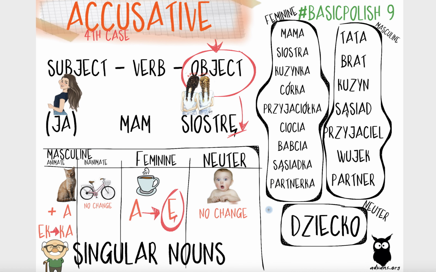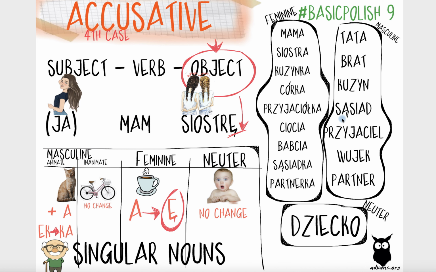When it comes to feminine nouns, all of them make that change from a to ę. However, there are certain masculine nouns that will have the same change because they have the same letter. I could not put tata in the feminine group because it's not feminine, but it's got a at the end, and it also will behave kind of like a feminine, although it's a masculine noun. So this is an exception. So all feminine nouns that end in a have ę in accusative.